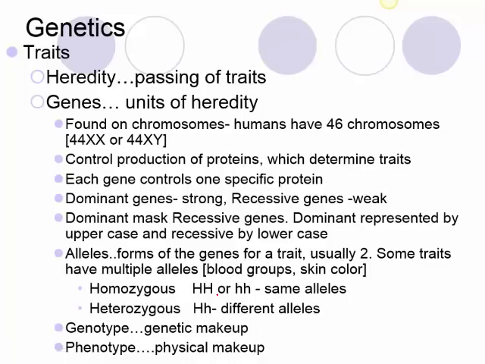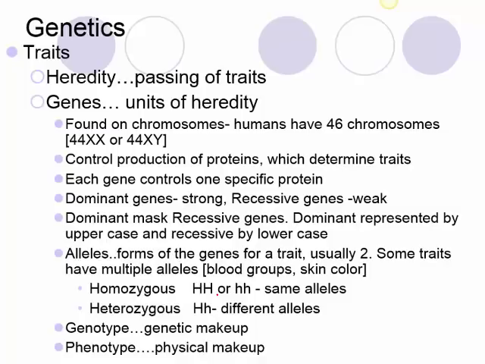Okay, we'll now move on to genetics. And we'll talk about heredity, which is how traits are passed. Traits are nothing but characteristics, like having blonde hair, green eyes, being tall, short, flat feet, dimples, freckles.